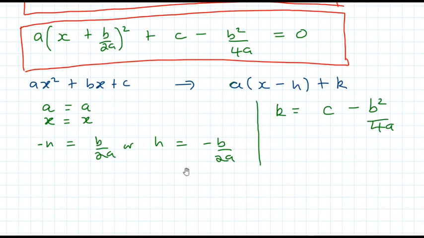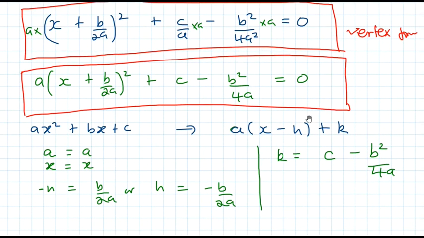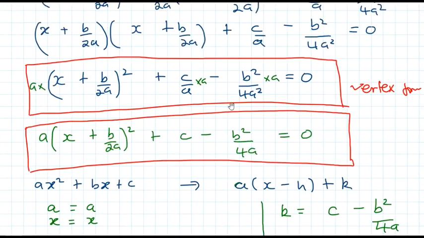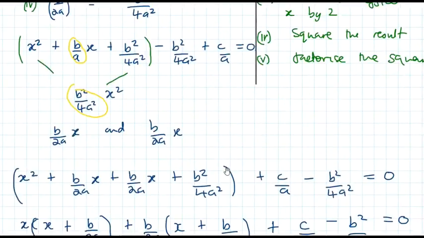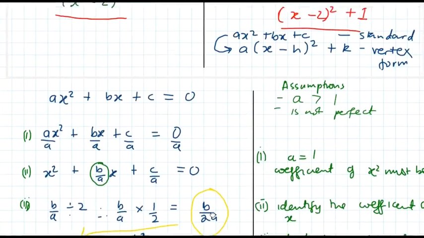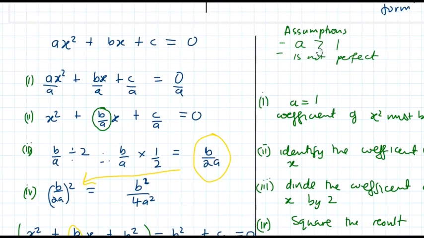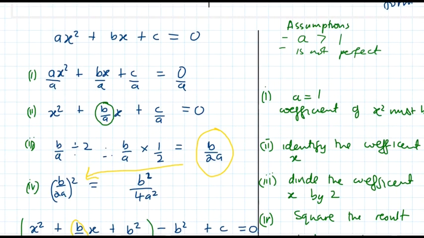Okay, so I have further simplified our comparison between the vertex form and the standard form. Let's just assume A is equal to 1. Here our assumption was that A is greater than 1. What if A is 1?